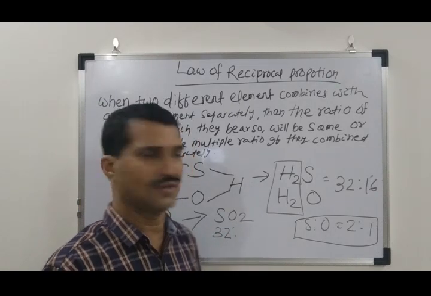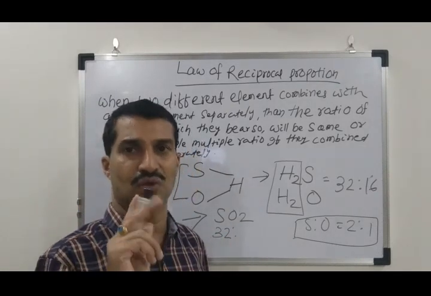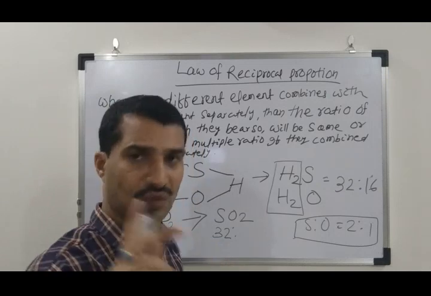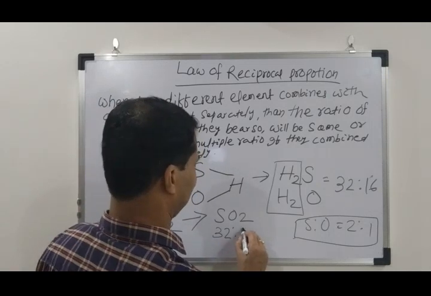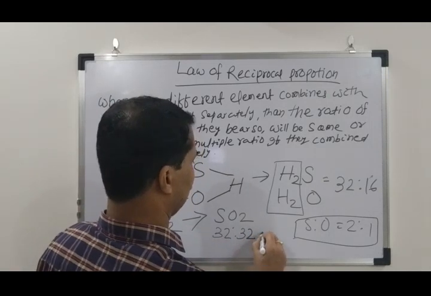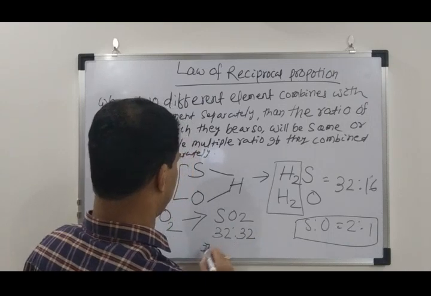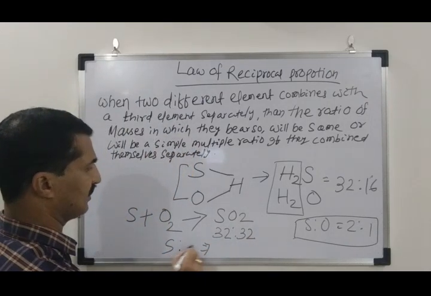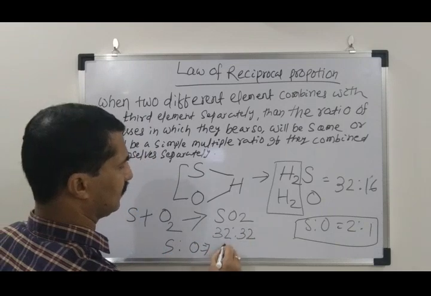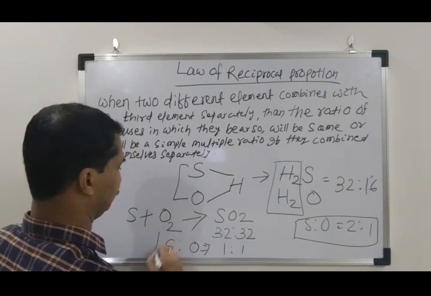One atomic mass of oxygen is 16, so there are 2 oxygen atoms, so 2 into 16 is 32. So here the ratio between sulfur and oxygen is 32:32, which is 1:1.